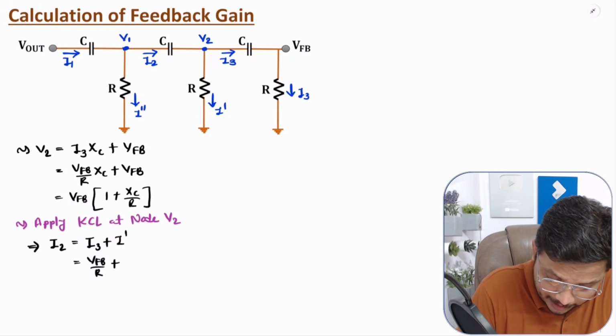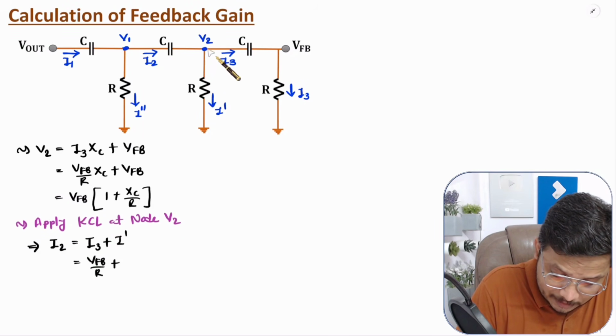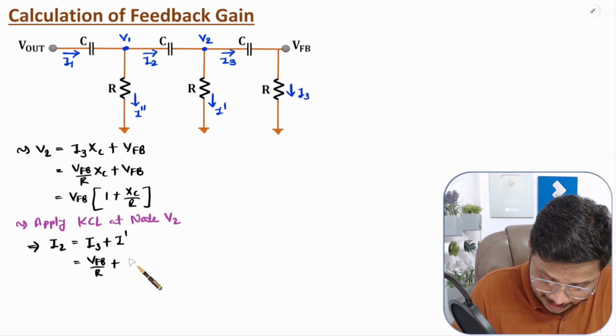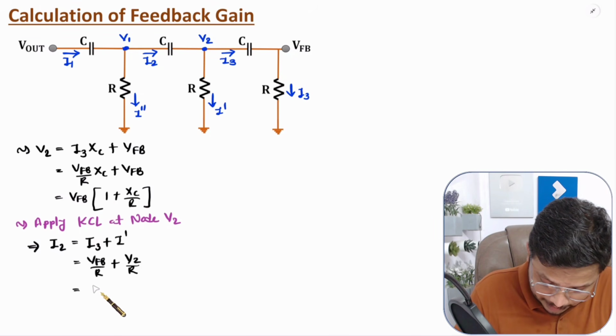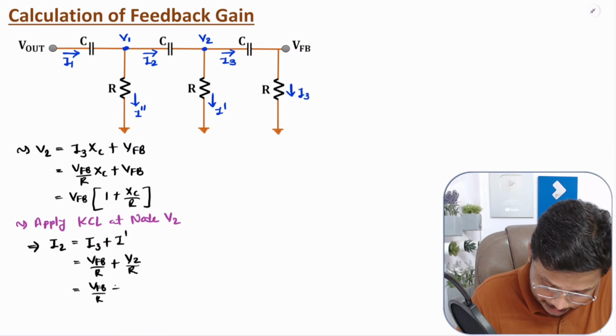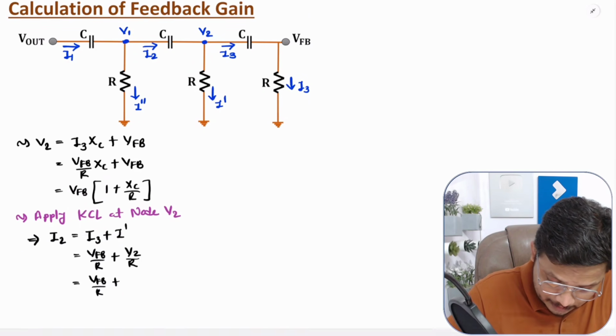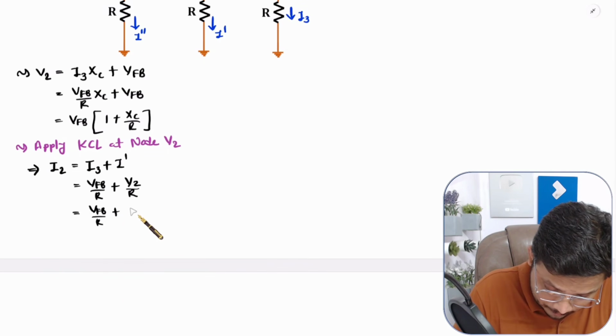And what is the value of I dash? I dash is V2 divided by R. Here we have calculated the V2 voltage, so we need to substitute that here. So VFB divided by R plus this V2. Let us substitute it here.